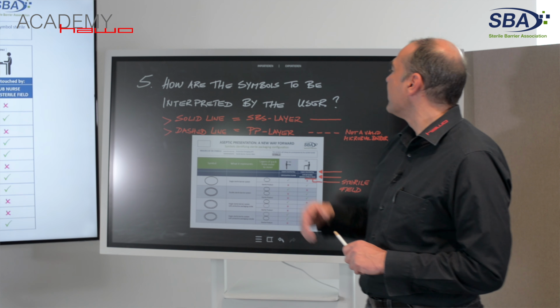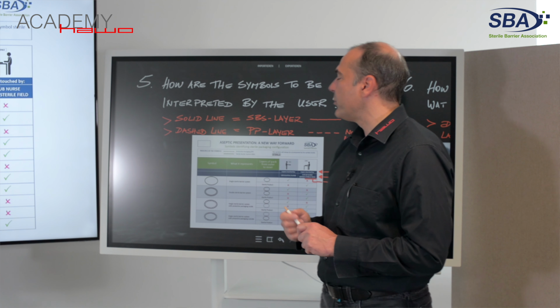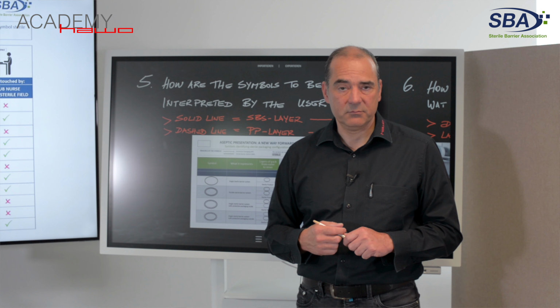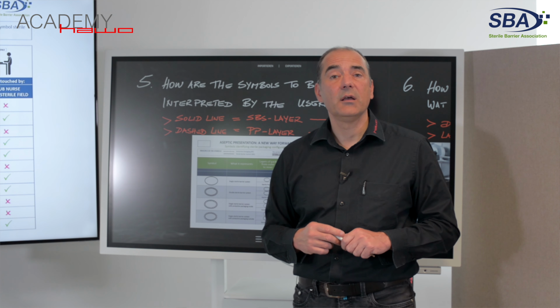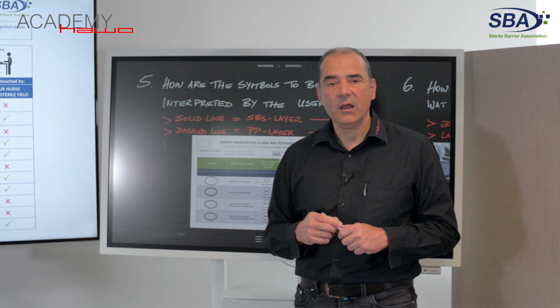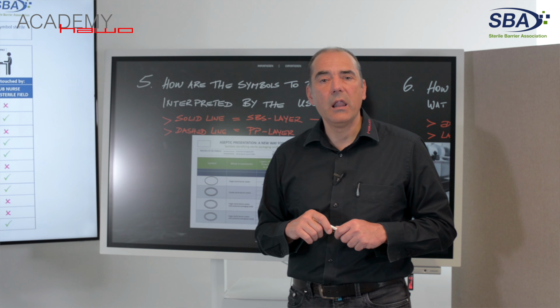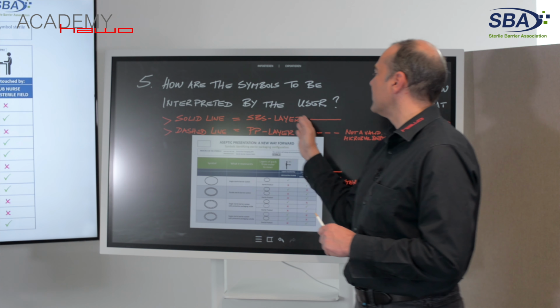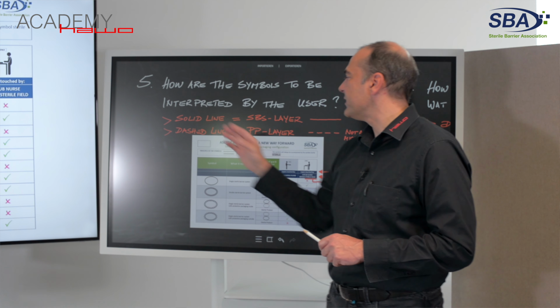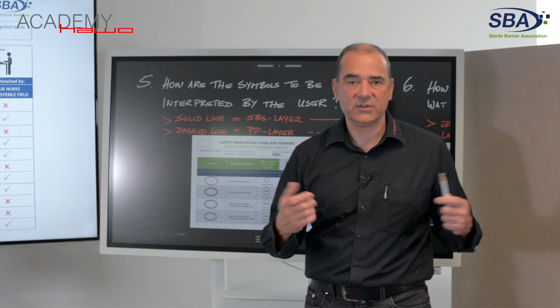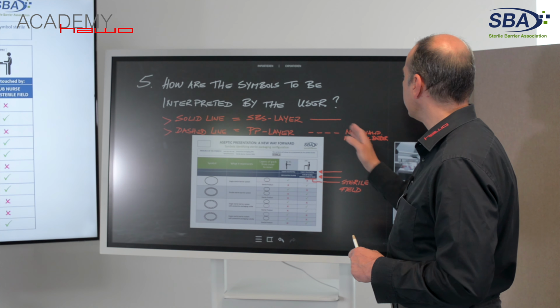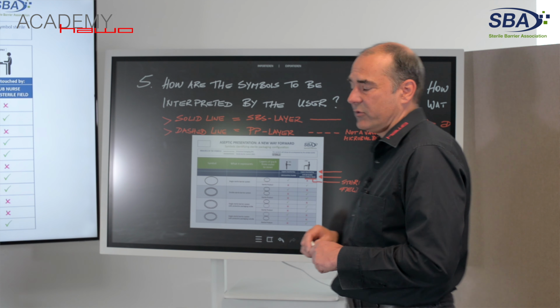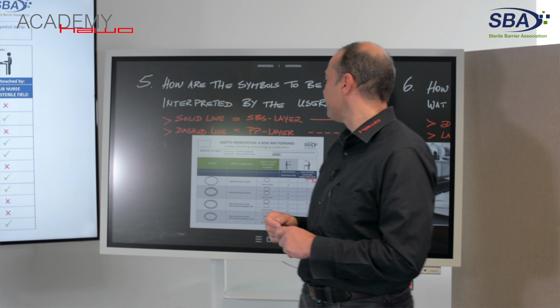How are the symbols to be interpreted by the user? Well, already by their appearance, by the type of line that describes them. A solid line equals a sterile barrier system layer, whereas a dashed line is a protective packaging layer, which is not a validated microbial barrier.